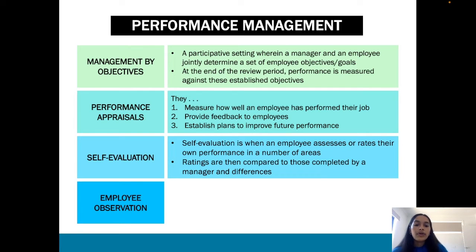So if an employee has ranked themselves incredibly high in a particular area compared to a manager, the manager might ask the employee to justify why they think like that. Or the manager might give them some feedback around why they might have ranked them low in their speed of delivery or something like that, and probably provide some examples and justifications.